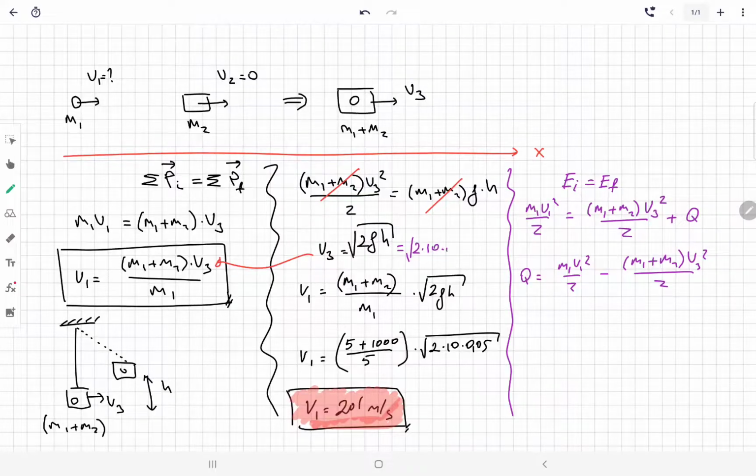That's all. First of all, let me calculate V3. The square root of 2 times 10 times 0.05, which is 1 meter per second.